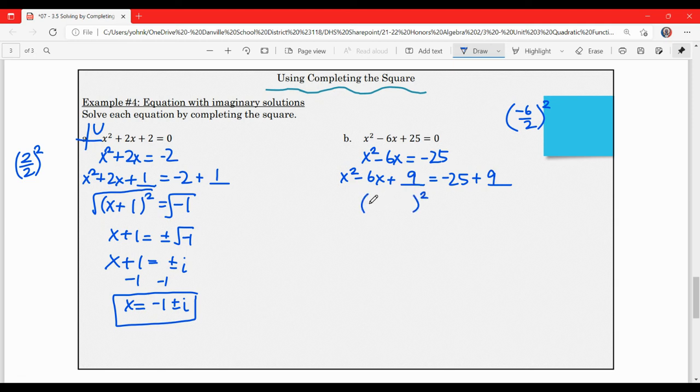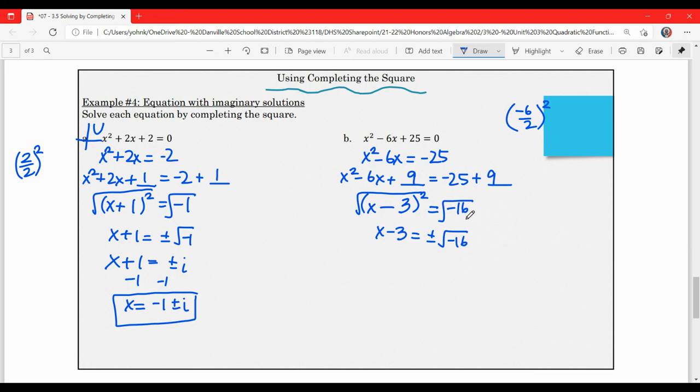Factor, so we get x. This time the symbol is a subtraction, so it's minus, and the half term is 3, equals, and when I add negative 25 and 9 together, I get negative 16. Square root, square root. So x minus 3 is equal to plus or minus the square root of negative 16.